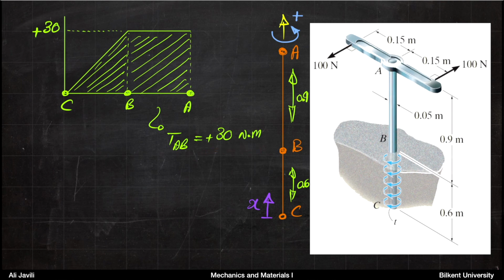And again, 30 is essentially 2 times 100 times 0.15. Okay, so this is the torque that you get from the wrench here. So from A to B, you get a constant torque.